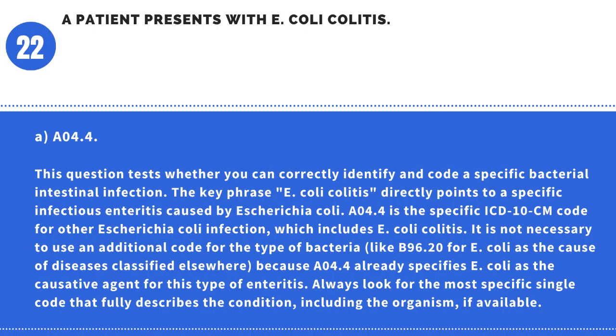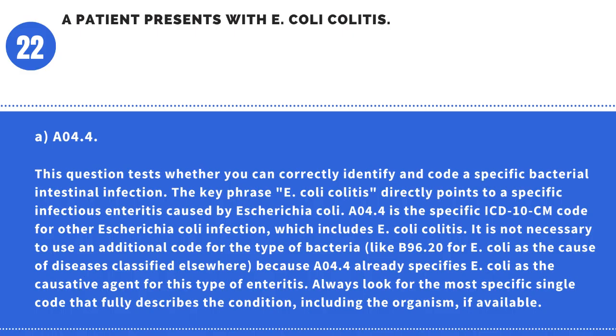A04.4. This question tests whether you can correctly identify and code a specific bacterial intestinal infection. The key phrase E. coli colitis directly points to a specific infectious enteritis caused by Escherichia coli. A04.4 is the specific ICD-10-CM code for other Escherichia coli intestinal infections, which includes E. coli colitis.